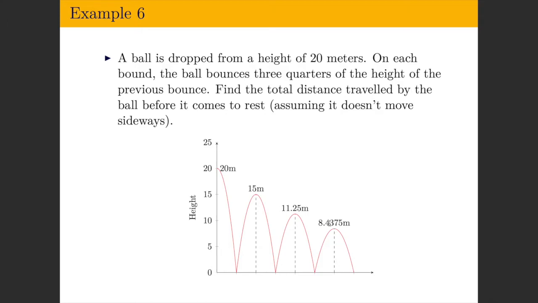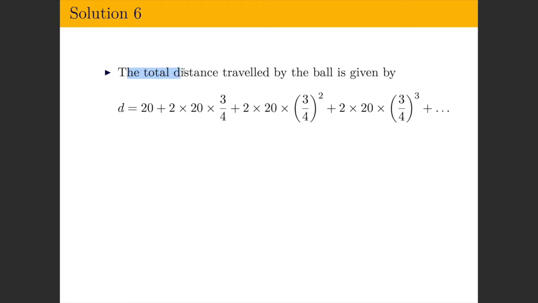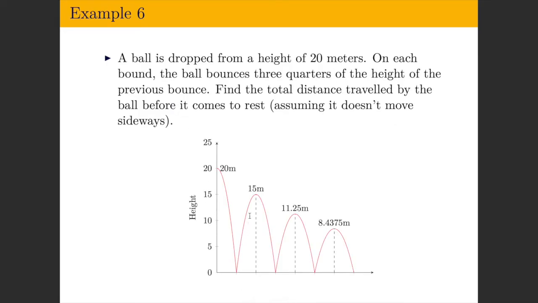So, let's have a look. How would we do this? Well, the total distance traveled by the ball is, again, the first 20 meters. And here we've got 20 times 3 on 4, which is our 15 meters that I was talking about before. But we're actually multiplying by 2 here. And why did I multiply by 2? Because remember, the ball has to bounce up to 15, and then it has to come down from 15, which means you've got 2 lots of 15 happening here.